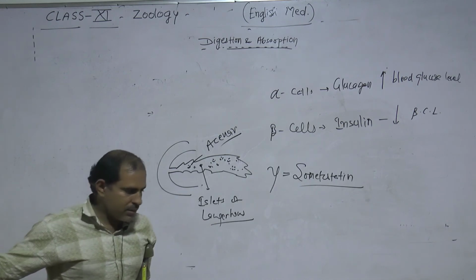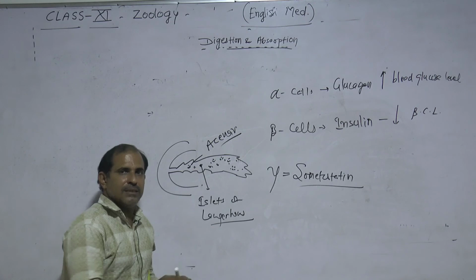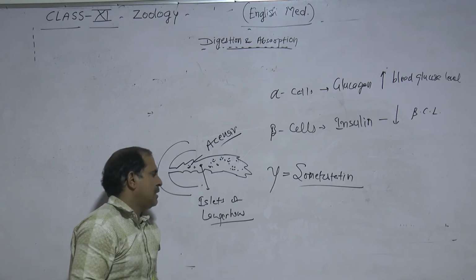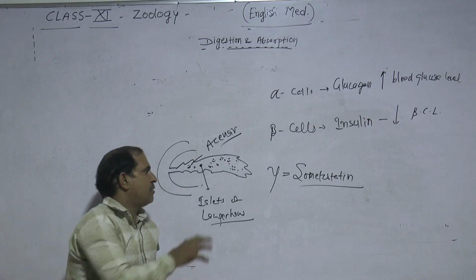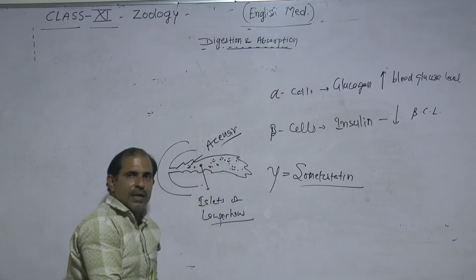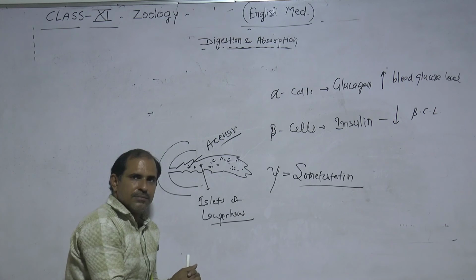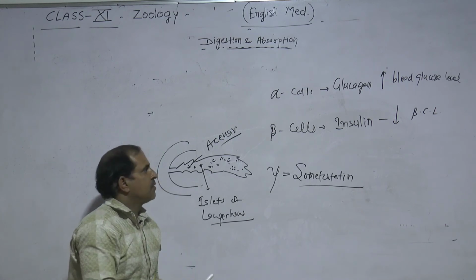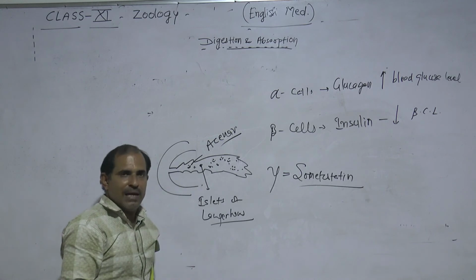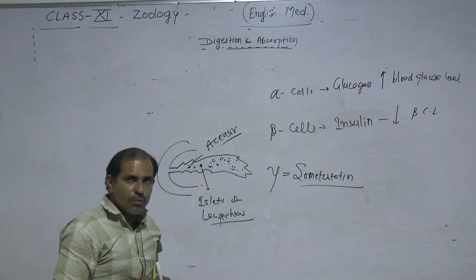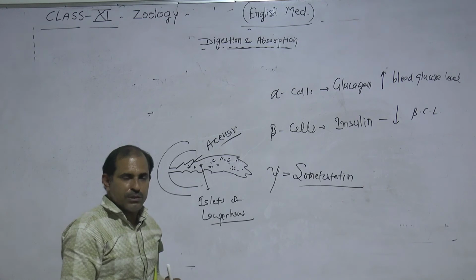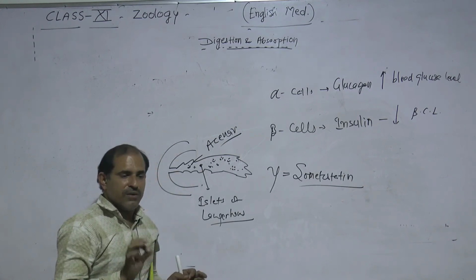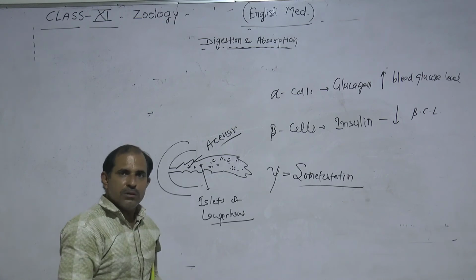It means as the endocrine part, islets of Langerhans are present in the pancreas, and they are composed of 3 types of cells. First, alpha cells secrete glucagon hormone, which increases blood glucose level.